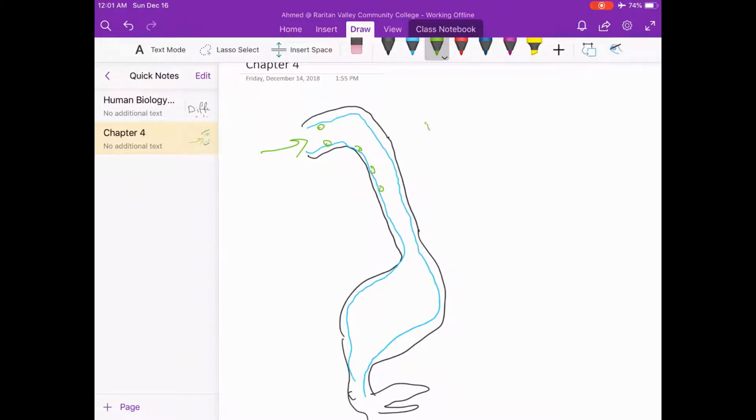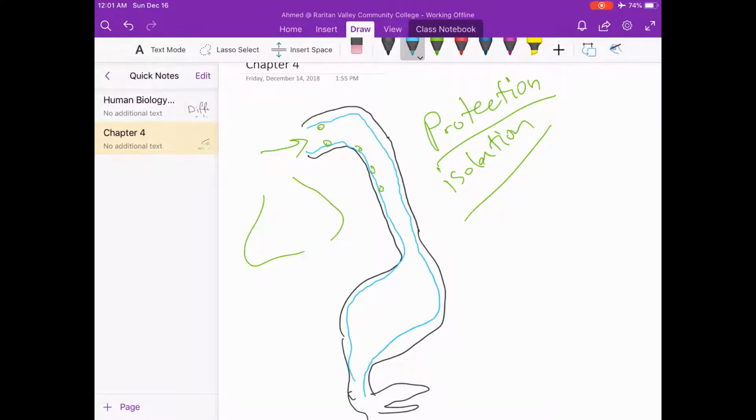So it's kind of a protection, an isolation from foreign objects coming inside our body. So this is the mucous membrane. Same thing, we will find it in the lungs. The lungs are also lined from inside with this mucous membrane. So any debris from the air, the mucous membrane is the first thing it is going to come in contact with.